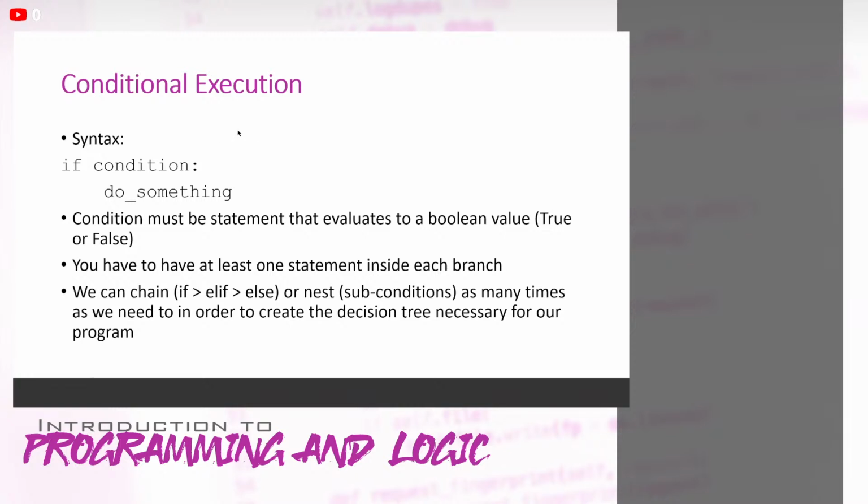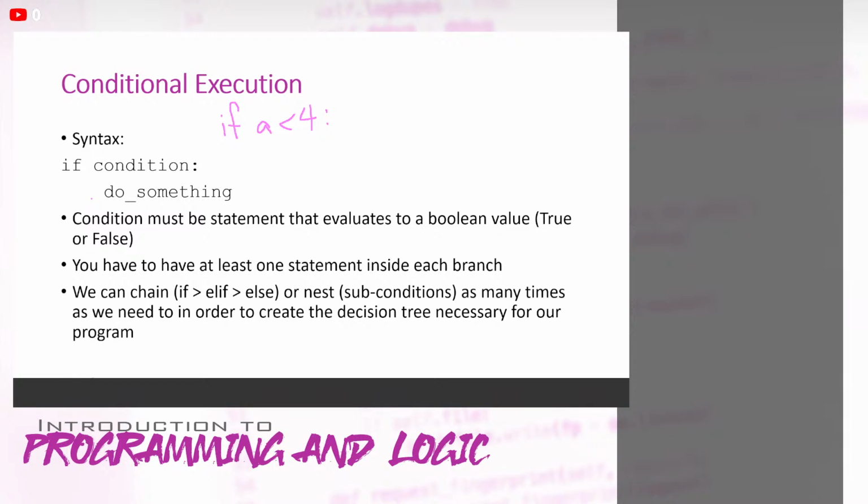So we'd say something like, if A is less than 4, then we're going to do something, with A being a variable value that we have somewhere else. And we see these less than, greater than symbols, which should look familiar from the truth tables that we did in the last module.